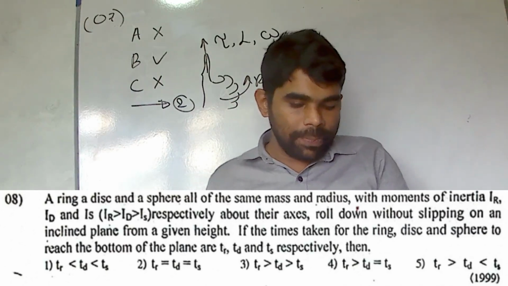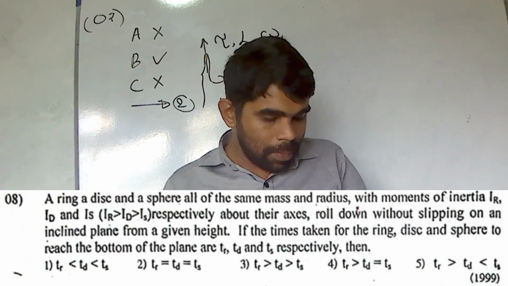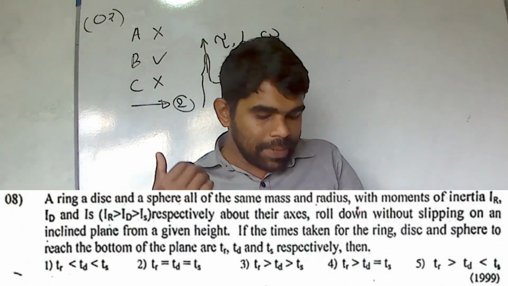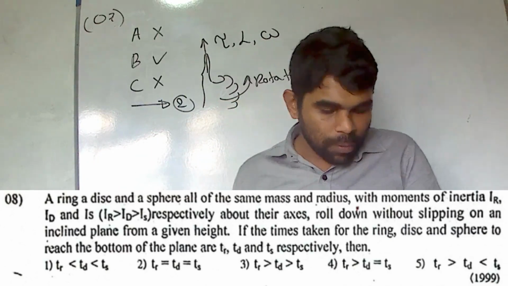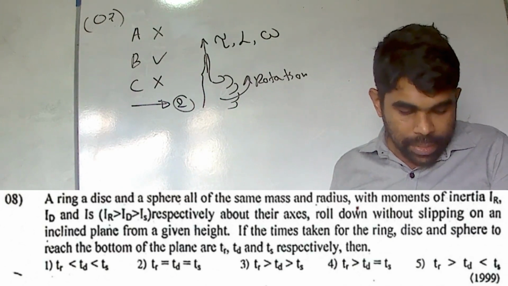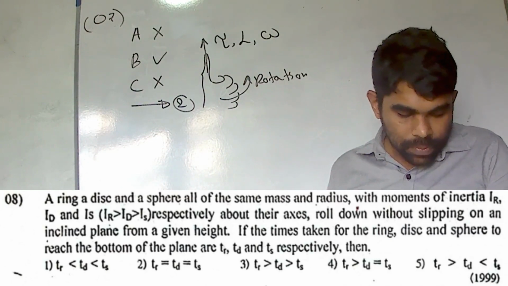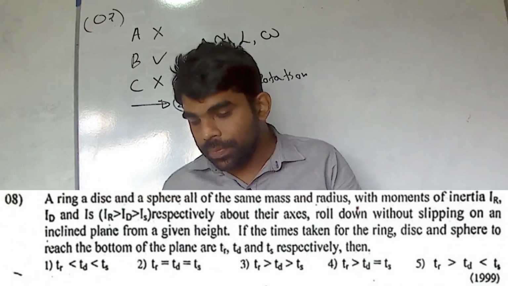They roll down without slipping on an inclined plane from a given height. If the times taken for the ring, disc and sphere to reach the bottom of the plane are TR, TD and TS respectively, then we have to compare the situations.